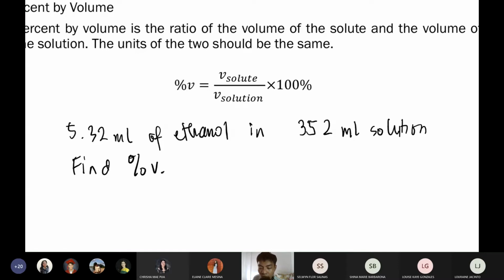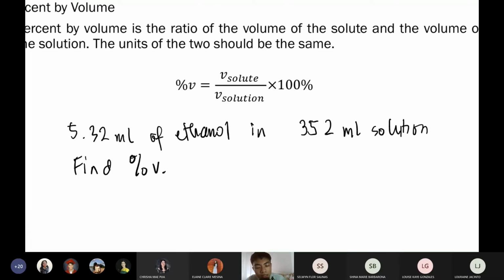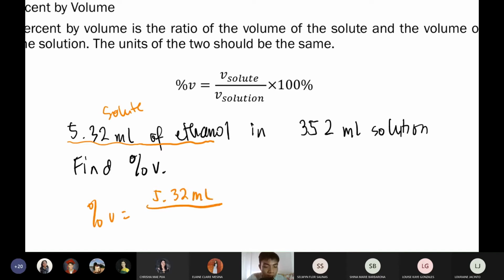Find percent volume. Okay, so madali lang yan. So the numerator will be your solute. Okay, so ito yon, solute yan. So nasa numerator ko yan. Divided by yung denominator. Ito ba at ito ay ipag-add ko pa?